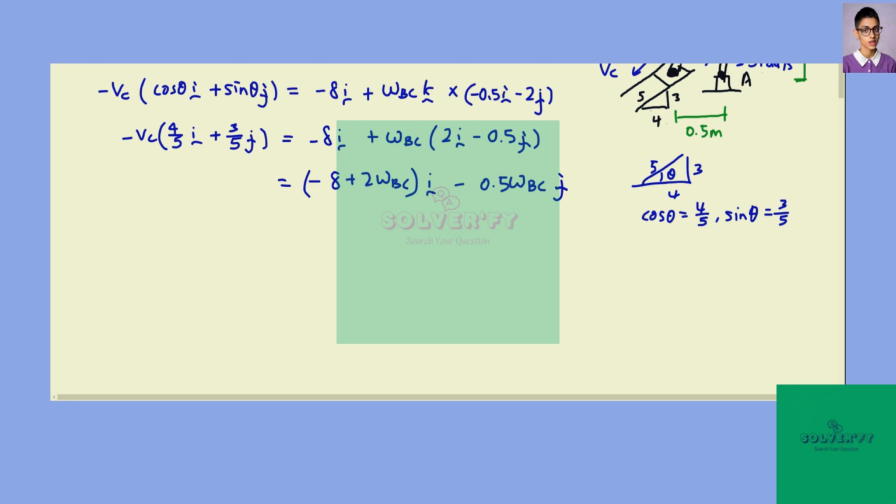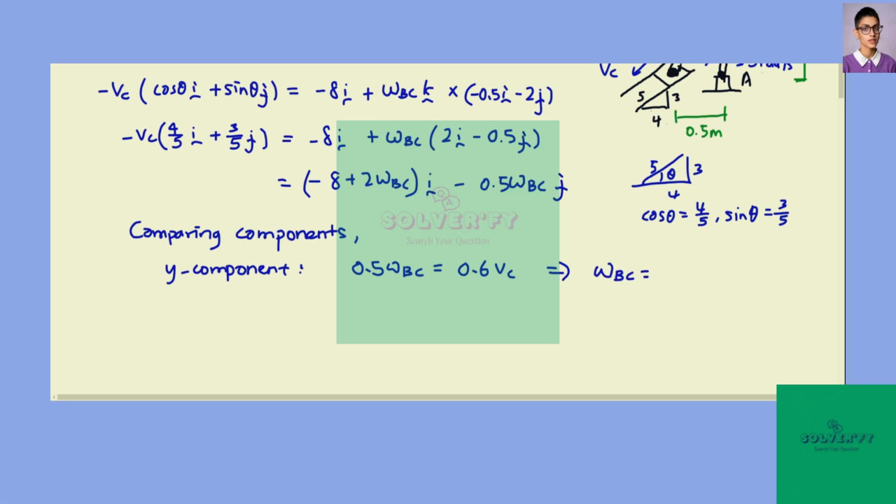So compare components. From the y component, we get 0.5 omega BC is equal to 0.6 VC. So that means omega BC is 1.2 VC.